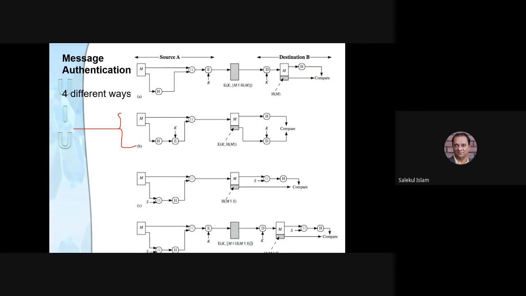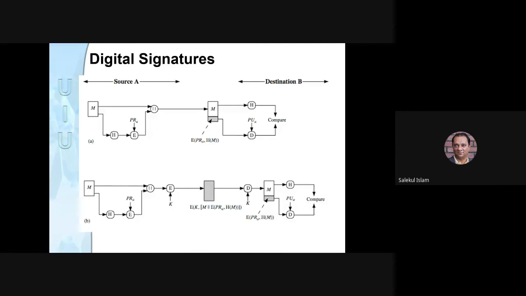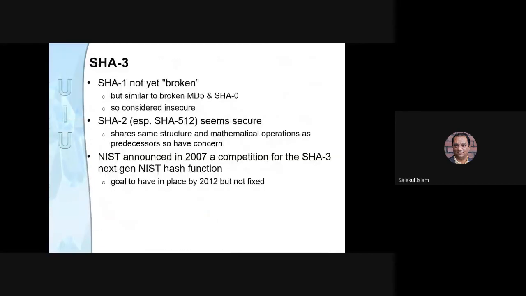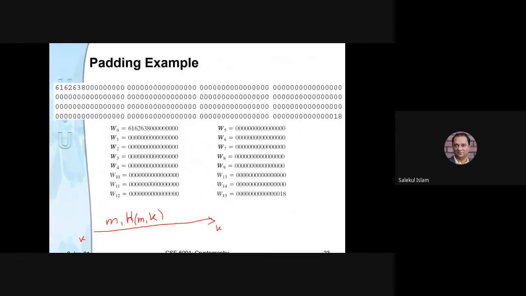I have key K here, I have key K here. So what I have written here, this scenario, the last slide, this scenario matches with B. That means it is providing us only integrity.